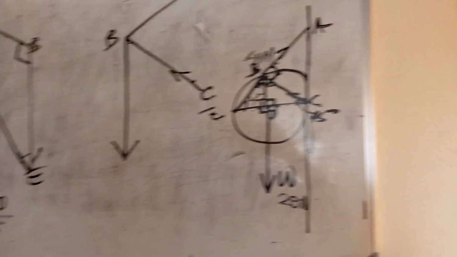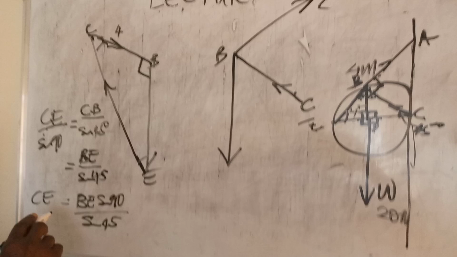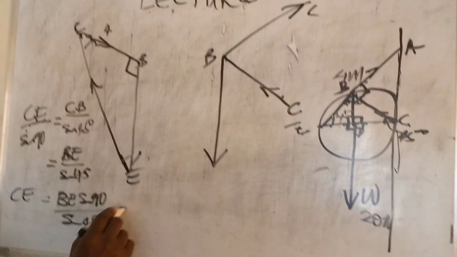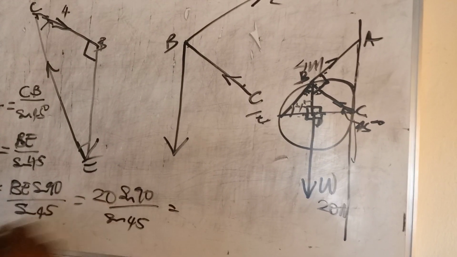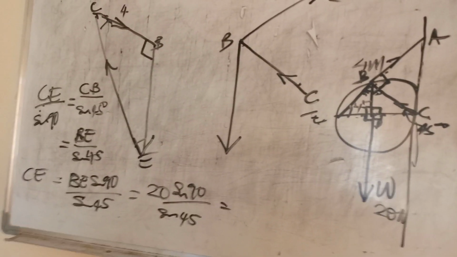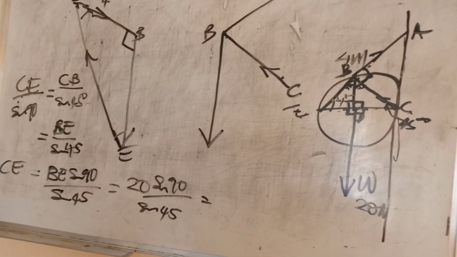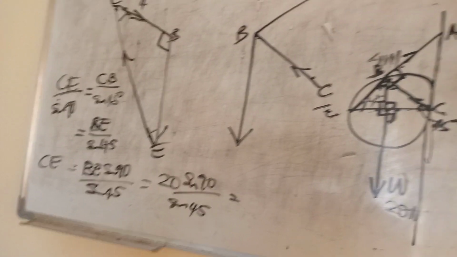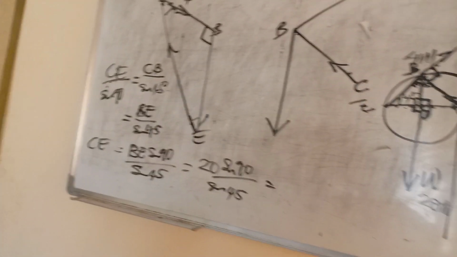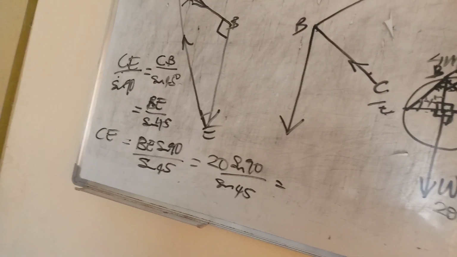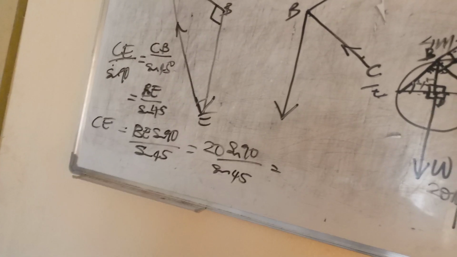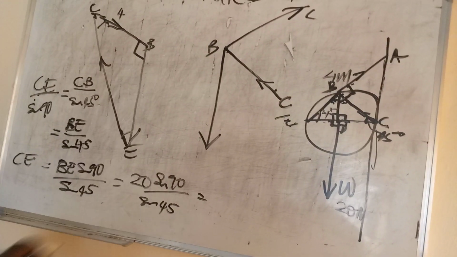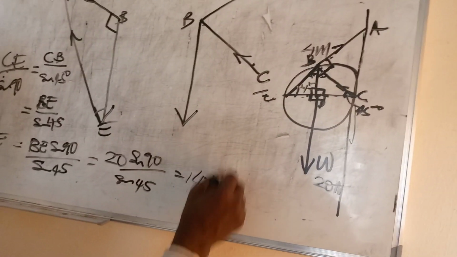I now have 20 sine 90 over sine 45, which is CE, the reaction from the wall, which is equal to 14.14 newtons.